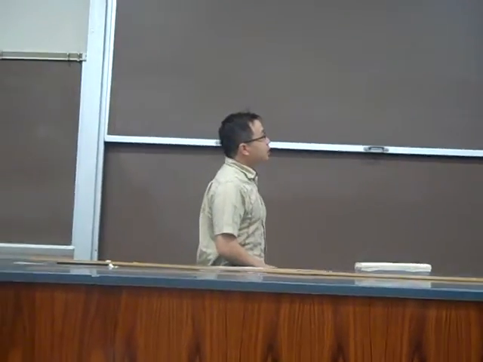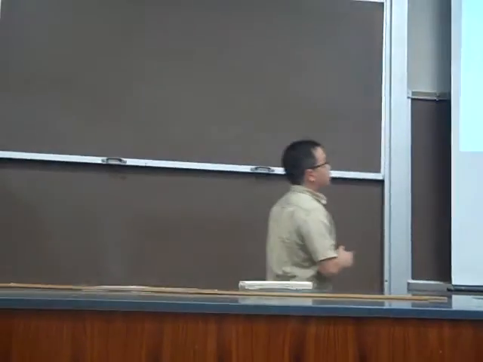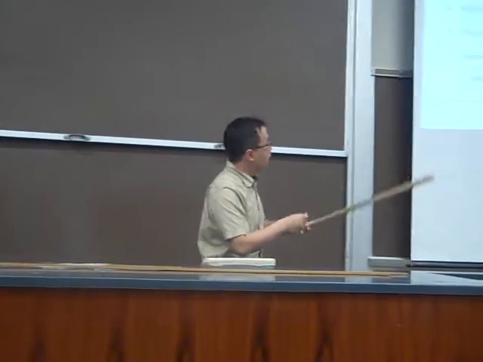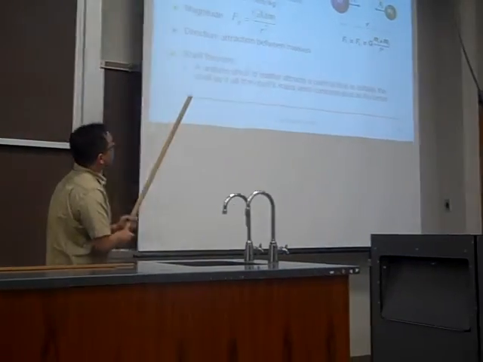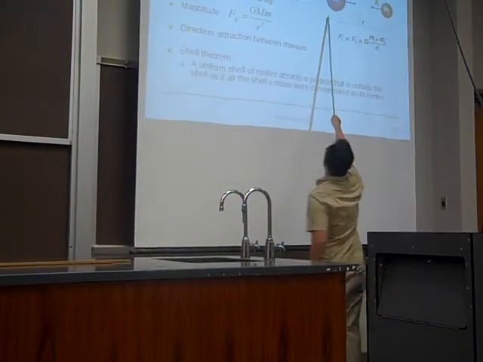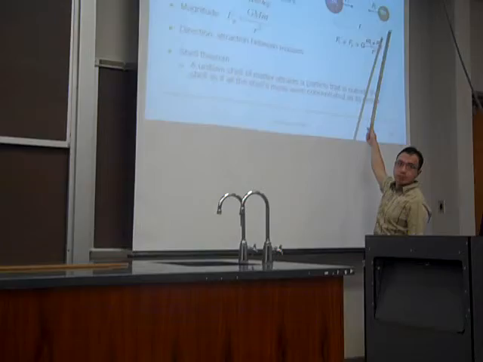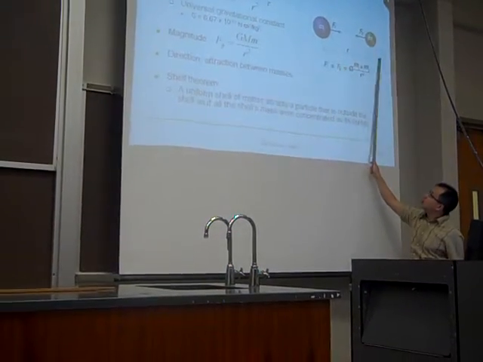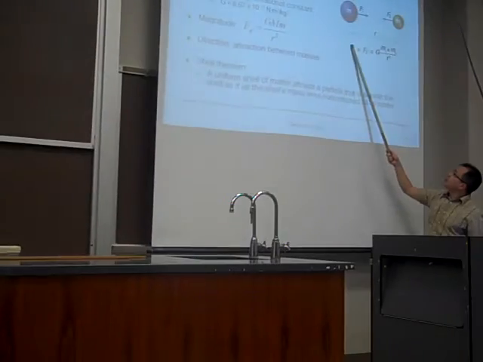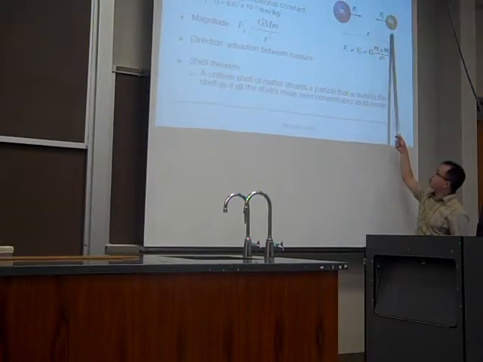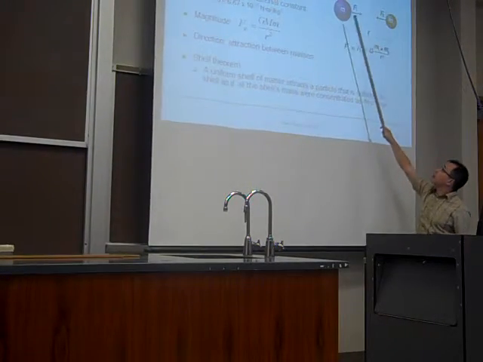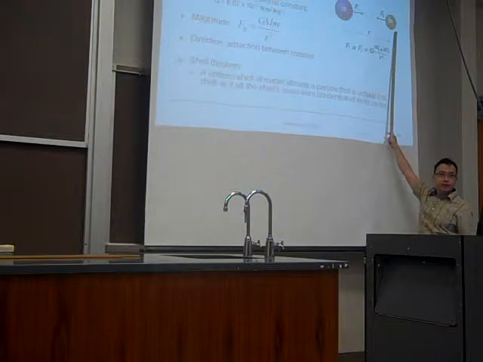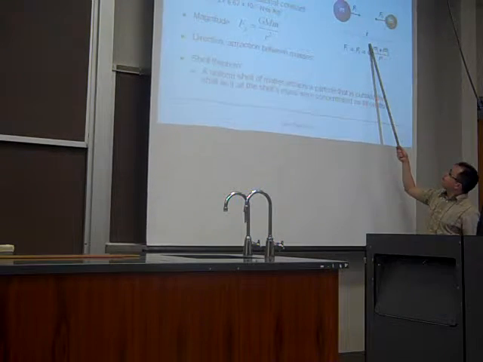It says that if you have two objects, one with mass, you can call it m1, m2, or capital M, small m. Anyway, you have two objects with different masses, and the distance between the two objects, measured from the center of mass, is called r.